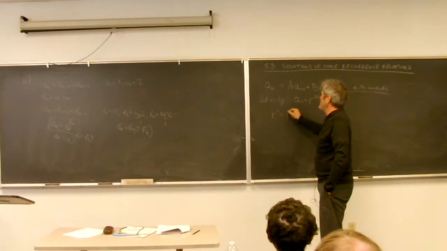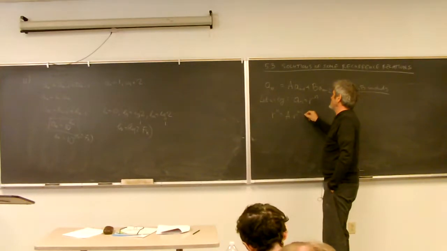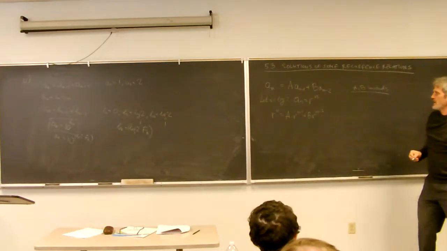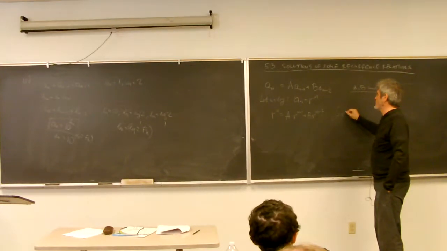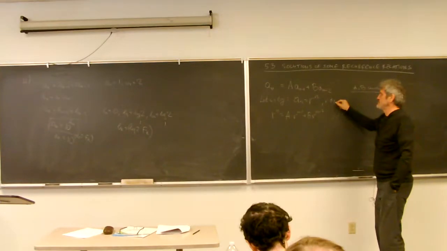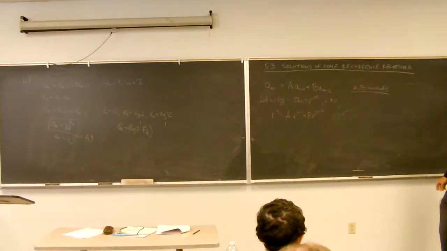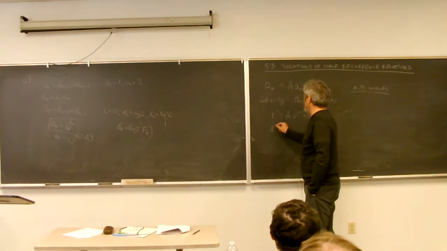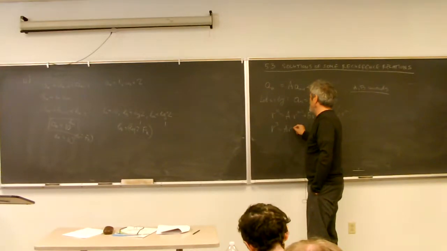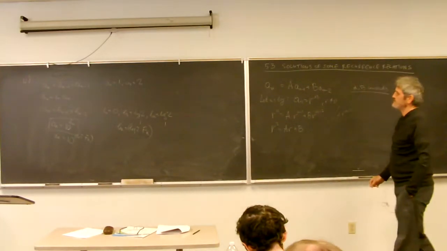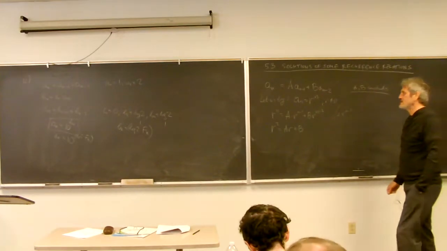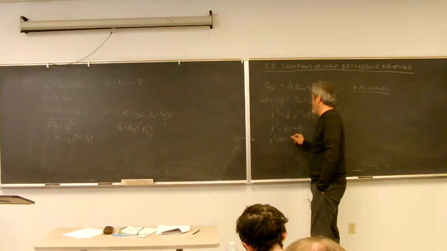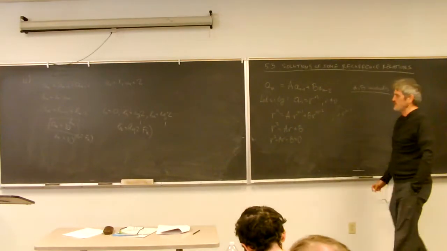So I get the following: r to the n equals a times r to the n minus 1 plus b times r to the n minus 2. Then I cancel by r to the n minus 2, of course if r is different from 0. Then I get r squared equals a times r plus b. So I get a quadratic equation that's called the characteristic equation: r squared minus a r minus b equals 0.